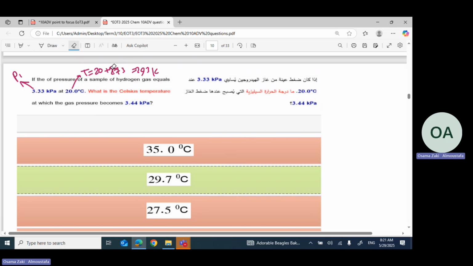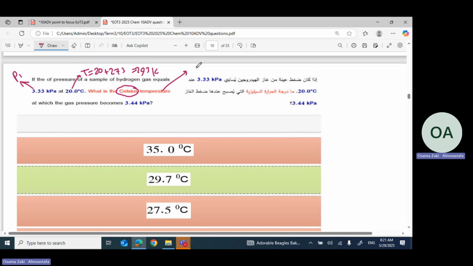You have to convert to Kelvin. But here they asked me to find the temperature in Celsius. No problem. Just convert it to Kelvin, then find the temperature in Kelvin, and in the last step you have to convert it back to Celsius.